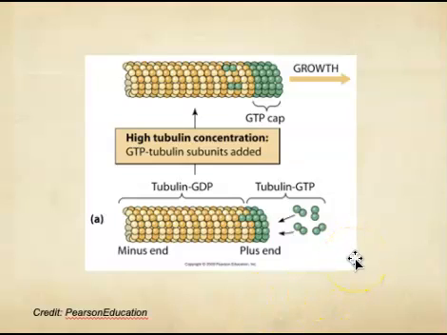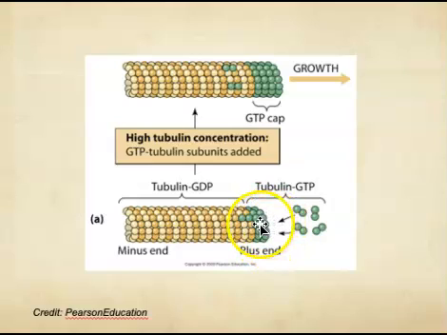Remember, there has to be a lot of tubulin in the cell. There has to be a relatively high concentration of tubulin available in the cell in order to make these GTP-bound heterodimers. But as long as there's plenty of tubulin, more will be added on this end than will be taken off on this end. So in they come, they get added into the plus end as these green heterodimers.